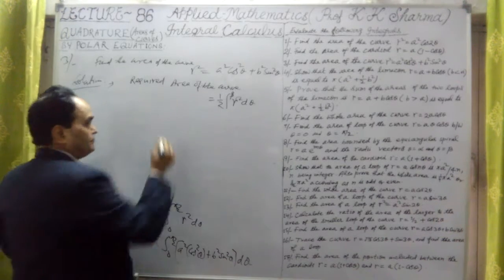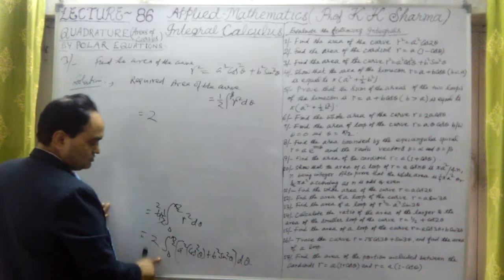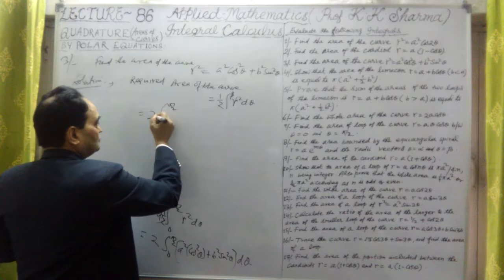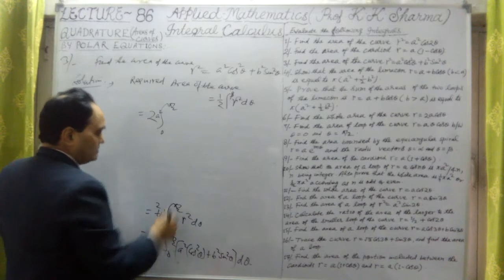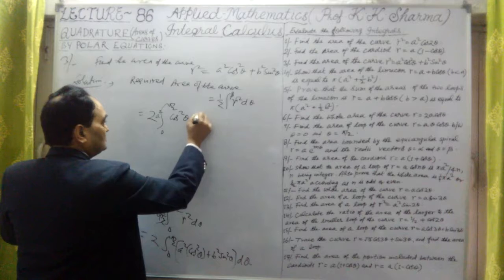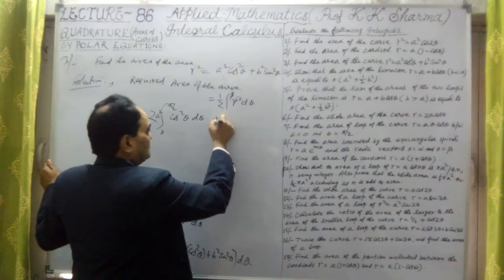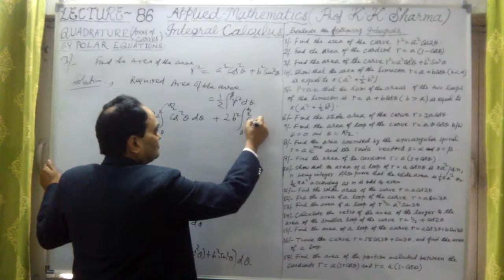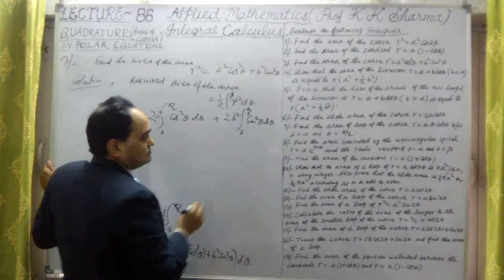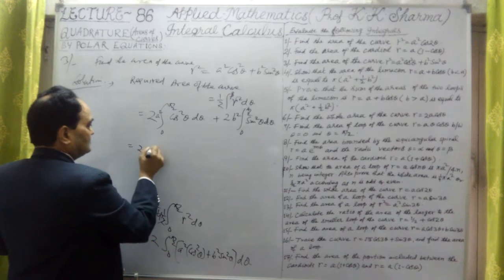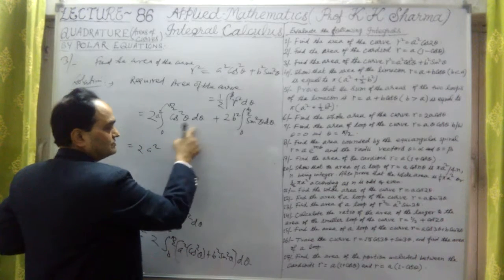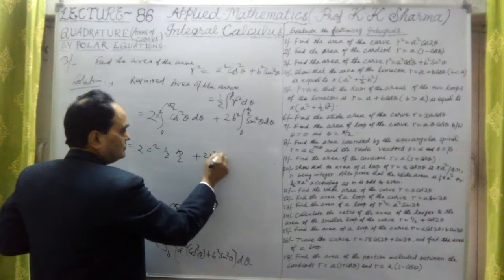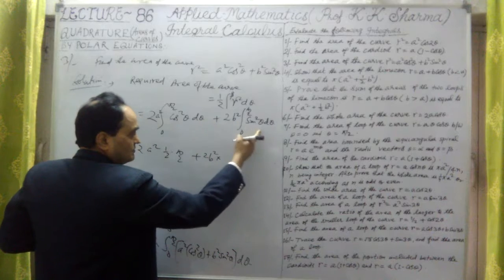So the area is equal to twice, because 4 into half is twice, the integral from 0 to pi by 2. First, a square is taken outside, cos square theta d theta, plus twice b square, integral from 0 to pi by 2 of sin square theta d theta. What does it give us? Twice a square into 1/2 into pi by 2, by reduction formula. The same formula is applied for both.